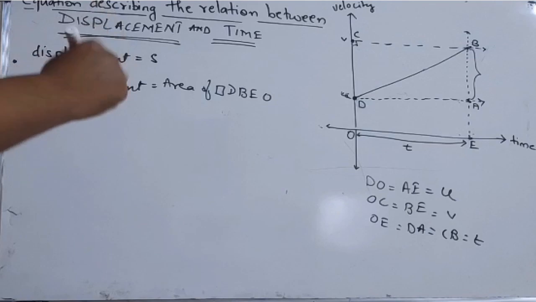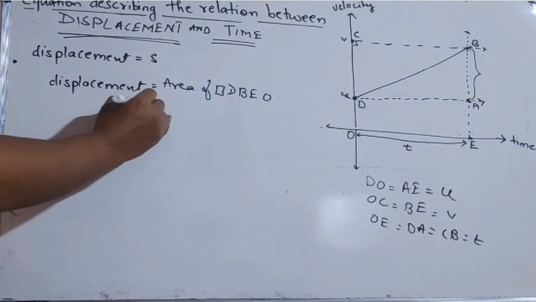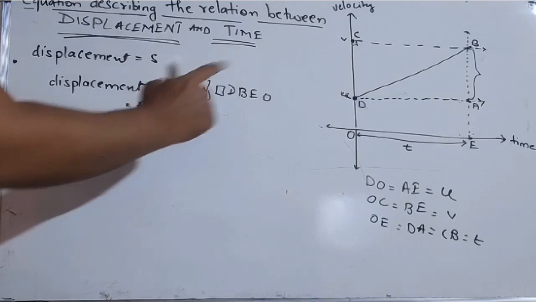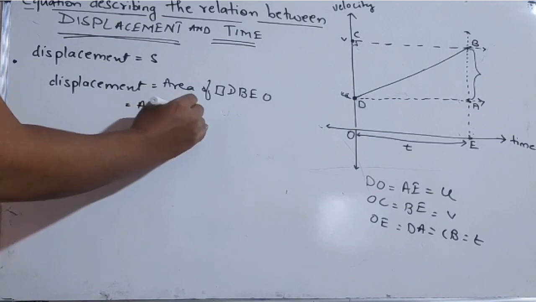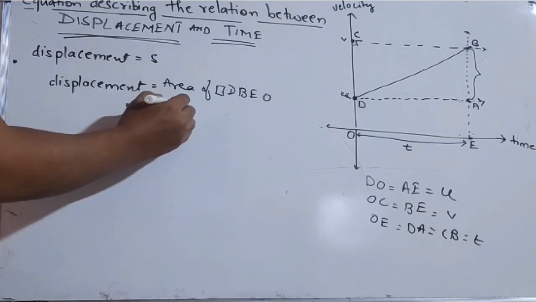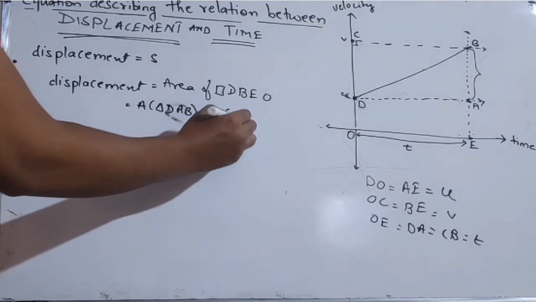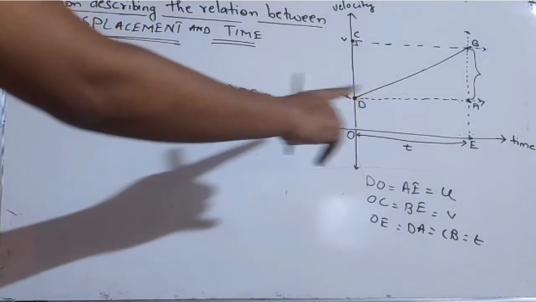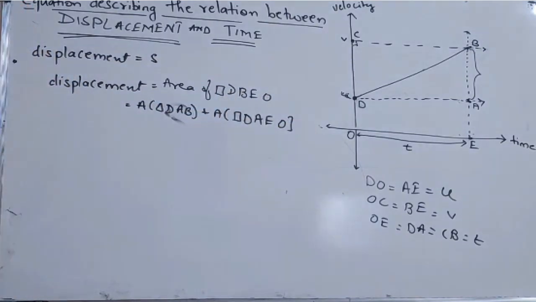So this can also be written as area of quadrilateral DBEO is equal to area of triangle DAB plus area of rectangle DAEO. Okay. Now let us look at the area of the triangle and area of the rectangle.